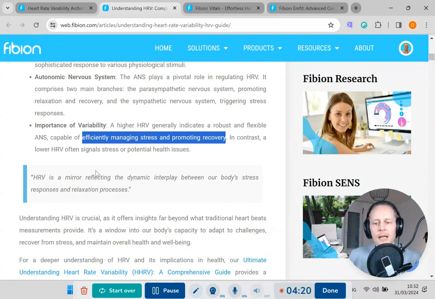That tells that the autonomic nervous system is capable of managing stress, and that also the fitness of the person is good. If there is very little variability, so the heart is beating like a metronome, and usually the resting heart rate is higher, that is not a good predictive thing for the person's health.